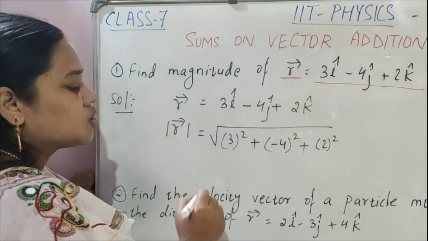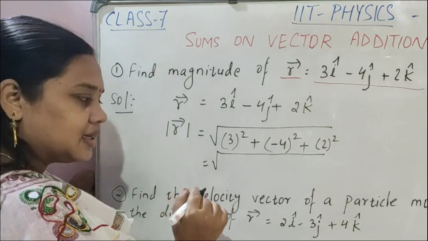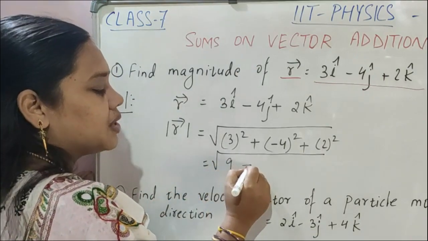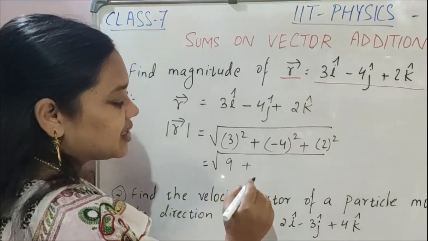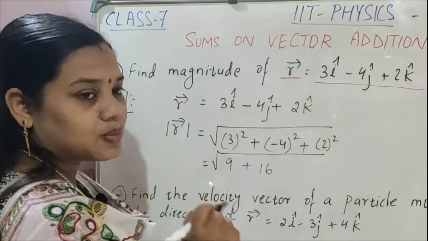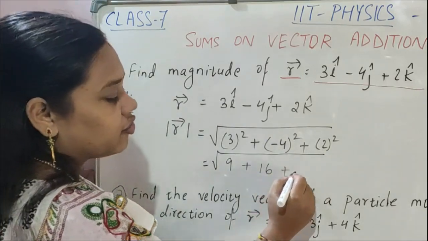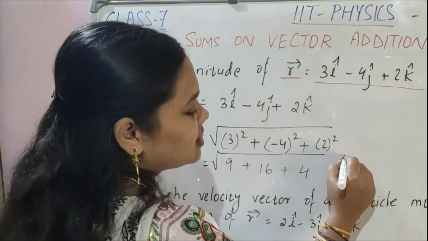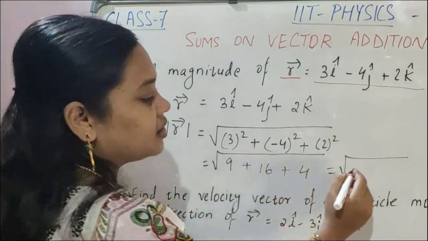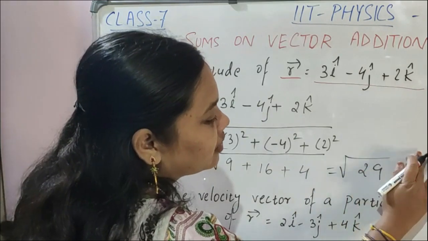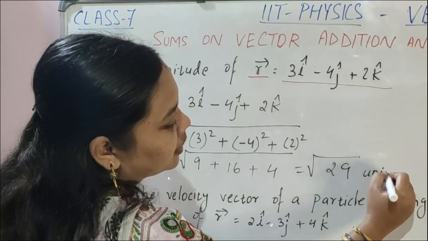Clear children? So find the square of 3 into 3, 9, plus square of minus 4 into minus 4, 16, minus into minus plus, plus 2 square, 2 into 2, 4. So how much is this? 16 plus 4 is 20, plus 9 is 29. So square root of 29 unit.